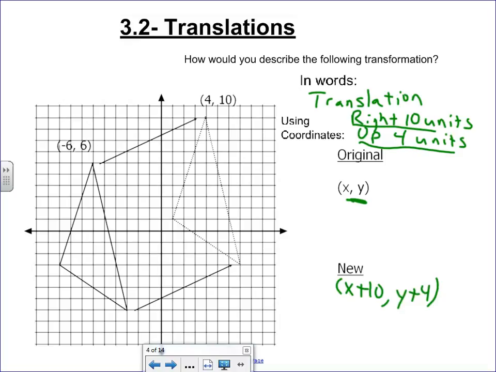And notice we can compare from this point, -6 plus 10 is 4, 6 plus 4 is 10. And if we were going to write this in the proper way, we'd say x, y, and the image is x plus 10, y plus 4. Okay, so that would be the coordinate notation that we would use.